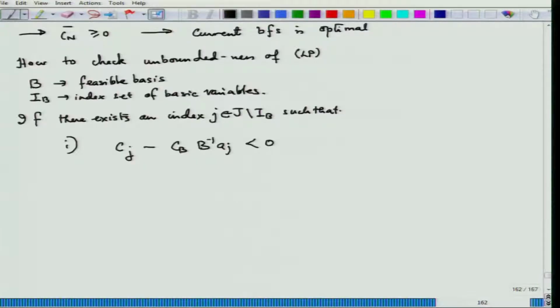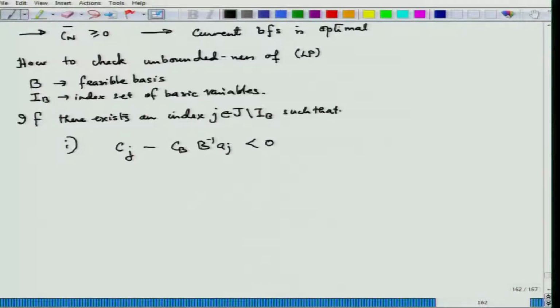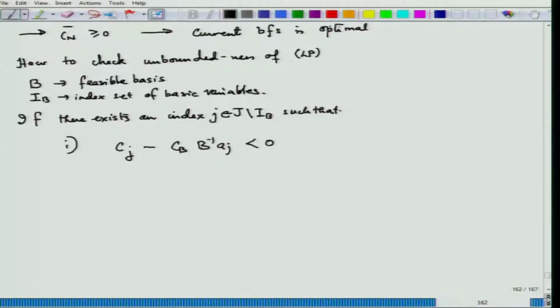Cn bar greater than or equal to 0 implies the current BFS is optimal. If the current BFS is not optimal, you will always get this. This is very important: there would be some j for which this would occur if the current BFS is not optimal. Here there is a crack.